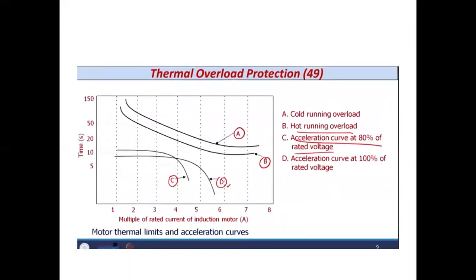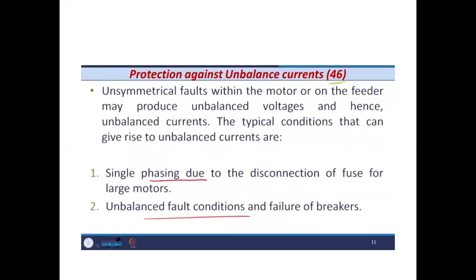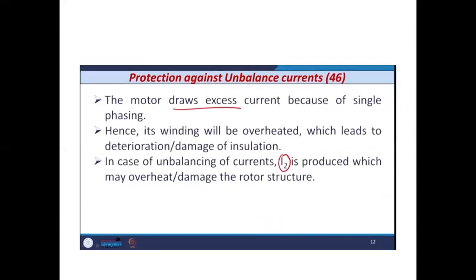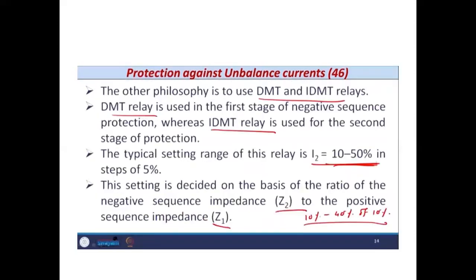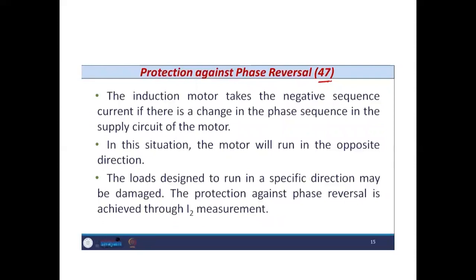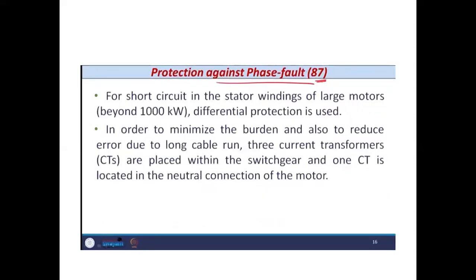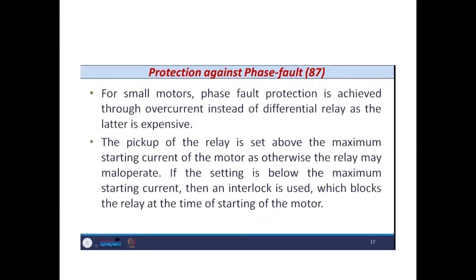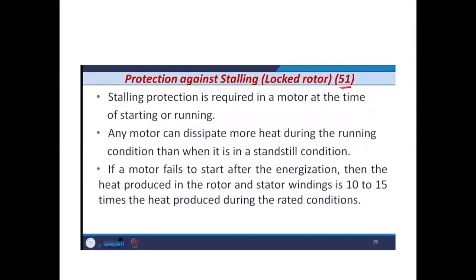Then we discussed the protection against unbalanced current, for which the 46 relay is used, and then protection against phase reversal, for which the 47 relay is used, and protection against phase fault, for which the 87 relay is used.